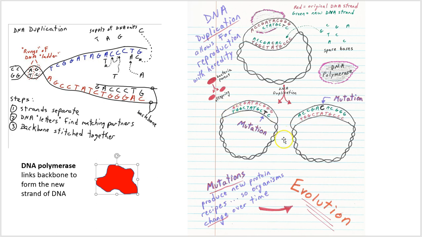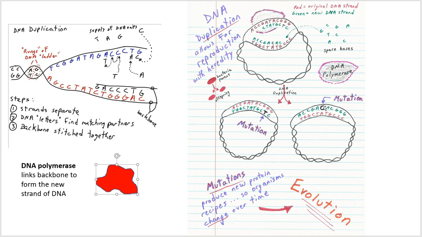Now, occasionally, mutations occur, and this is when there is a mismatch. So, for example, we see up here a T has been paired with a G, and that's not how it's supposed to happen. Also down here on this strand, a C has been paired with an A, and that violates the pairing rule. So we would think of this as sort of a mistake, and we describe that as a mutation.